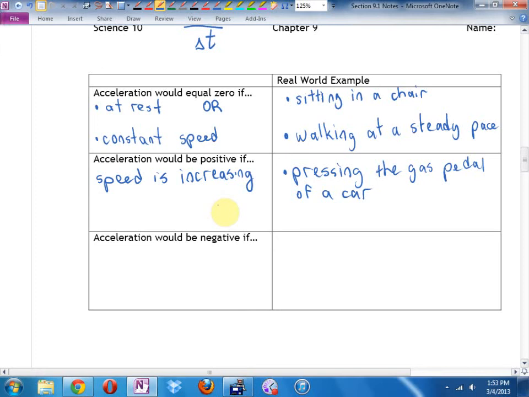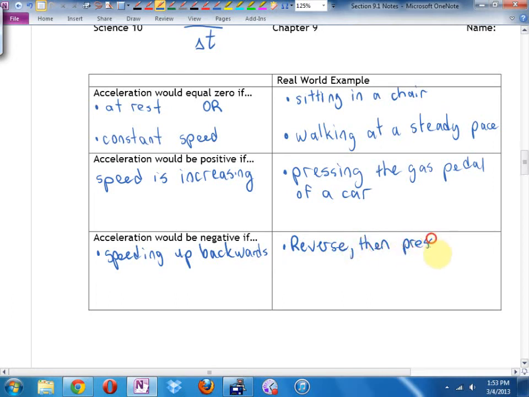Acceleration would be negative if speeding up backwards. Reverse, then press gas pedal.